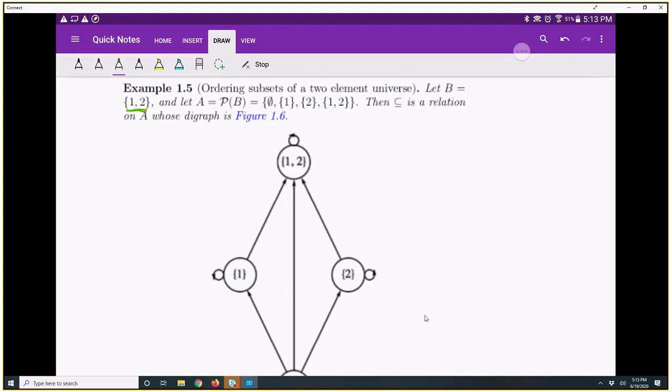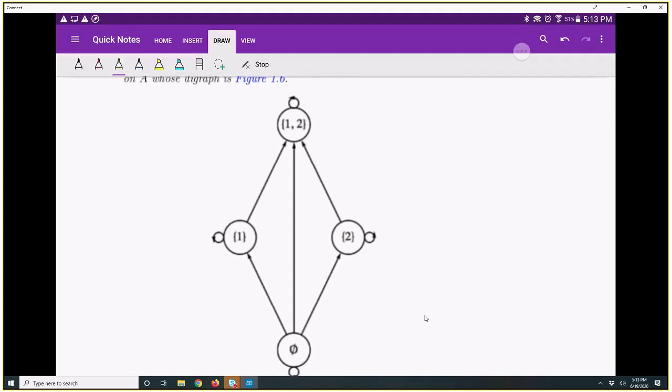And we want to take A to be the power set of B. So our vertices are going to be the subsets of B, as you can see we have here. There are 4 subsets of B. They are the empty set, singleton 1, singleton 2, and the set B itself. So these are the 4 vertices of the graph.